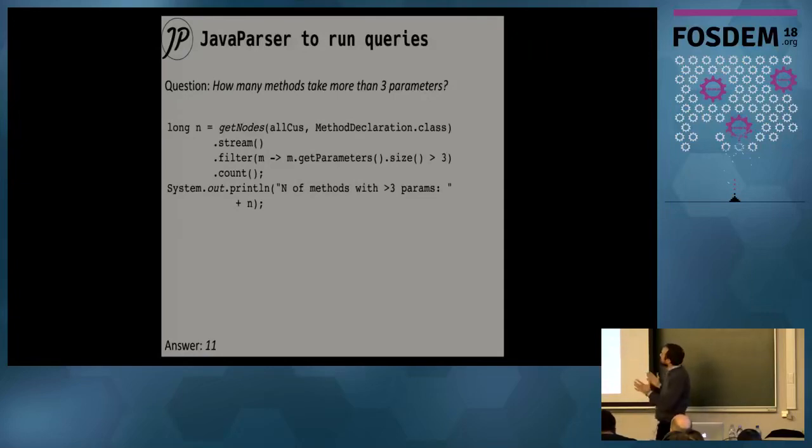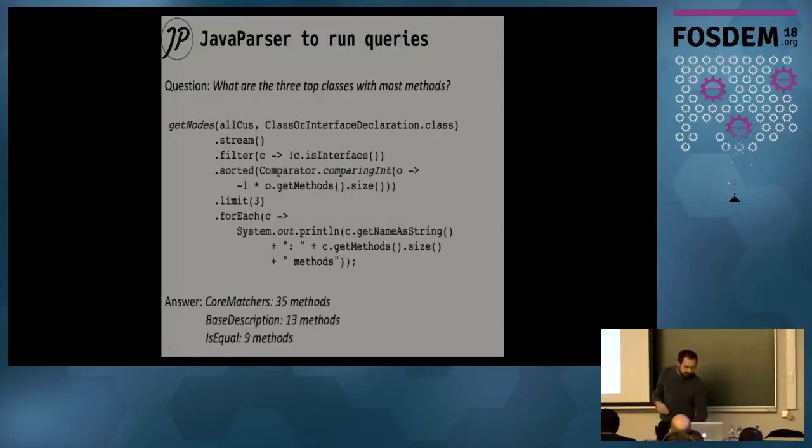Once I have this list of method declarations, I just start a stream, filter them by the number of parameters, and then print the result. I've run these queries on a simple project called Hamcrest, and in this case I can figure out that in Hamcrest there are 11 methods taking more than 3 parameters. So maybe I want to take a look at them and refactor them.